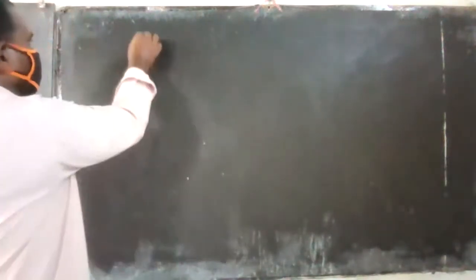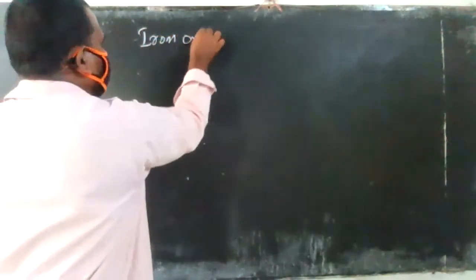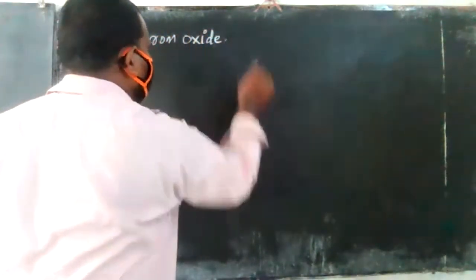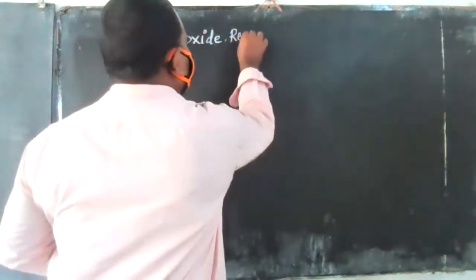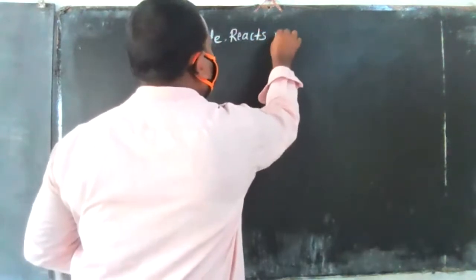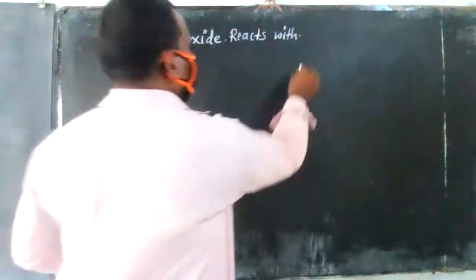So yesterday, the last example in our textbook was iron oxide reacting with aluminum.